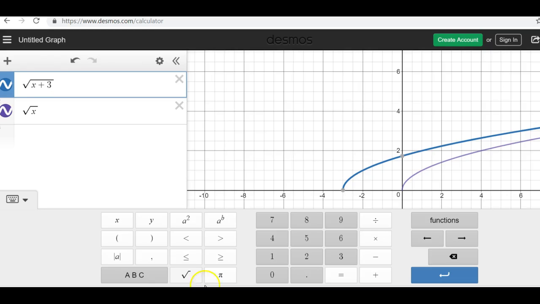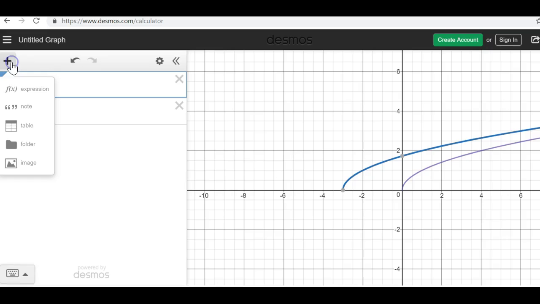So if I look from the original, my purple line, and when we do the plus 3, it actually shifted to this point, which is -3, 0. So we're talking that the shift happened 3 units towards the left.